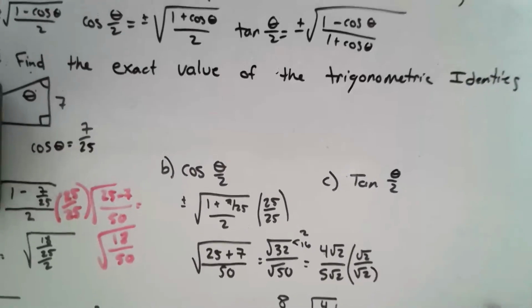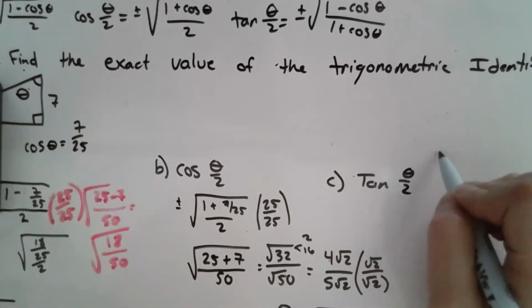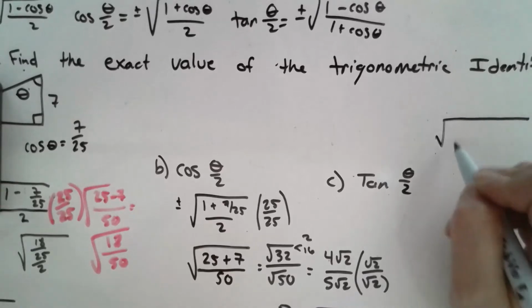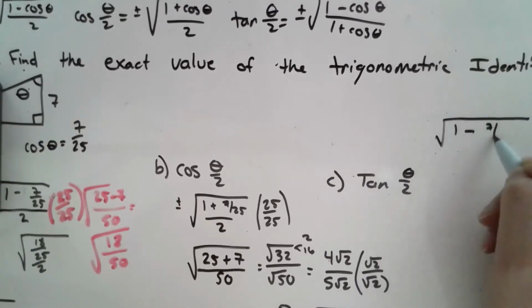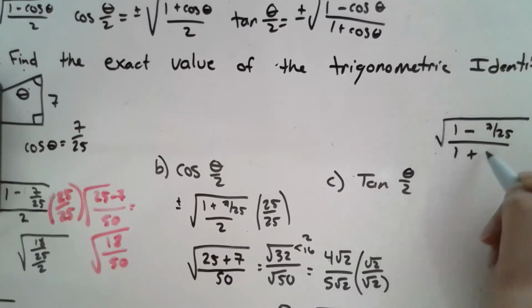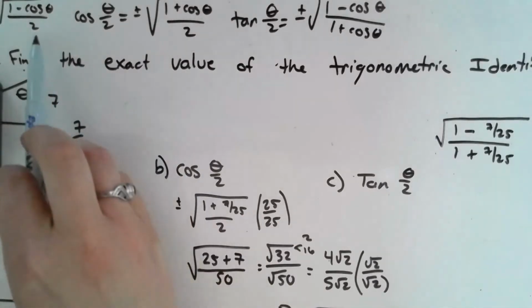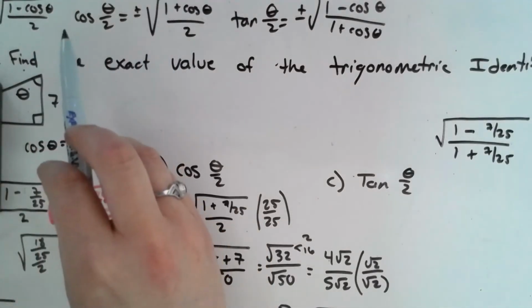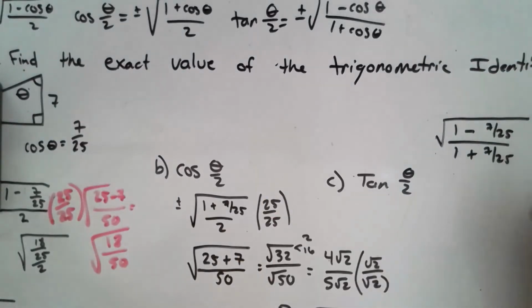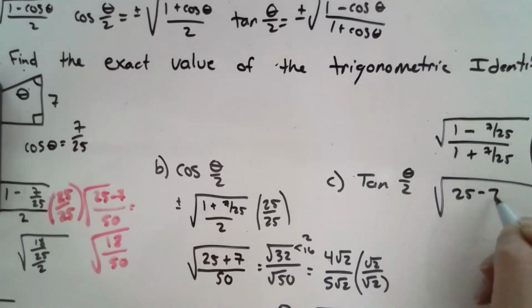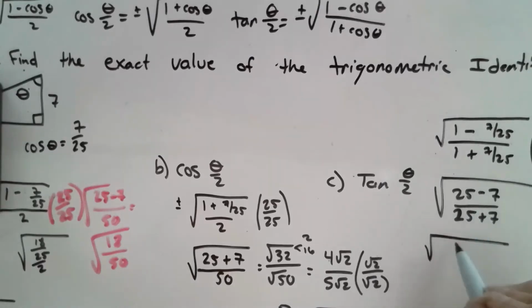Okay, tangent. I'm going to write up here since I have space, 1 minus 7 over 25 over 1 plus 7 over 25. And this is kind of interesting. We know tangent is sine over cosine. And look, that's sine over cosine: 1 minus cosine, 1 plus cosine. Just no 2. Okay, I'm going to do 25 over 25. So I'd get the square root of 25 minus 7 over 25 plus 7. And we know that is 18 over 32.